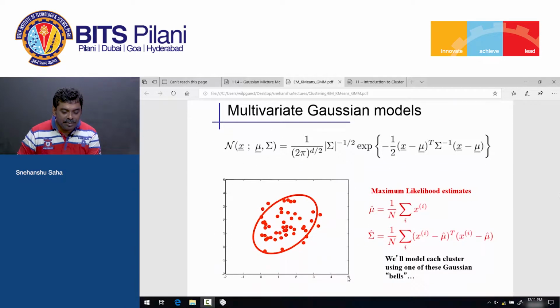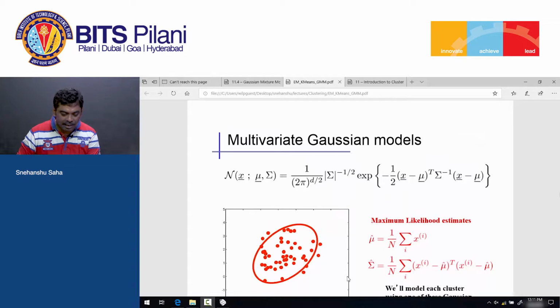So we know the multivariate Gaussian. I've shown you the univariate Gaussian. In a multivariate Gaussian, instead of the one variance that you see in the univariate Gaussian, you will have a covariance matrix. And this guy is typically in the denominator, just written as an inverse or -1/2.